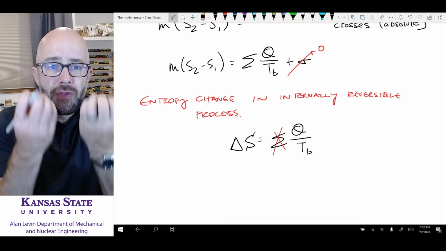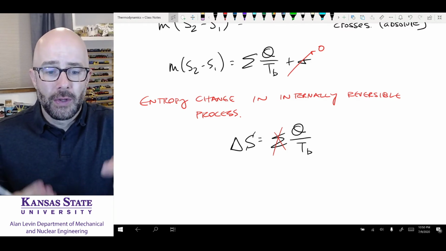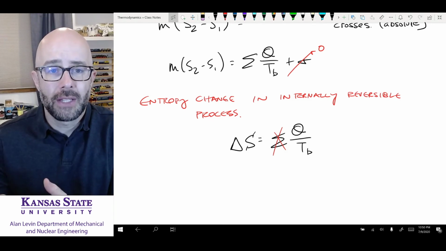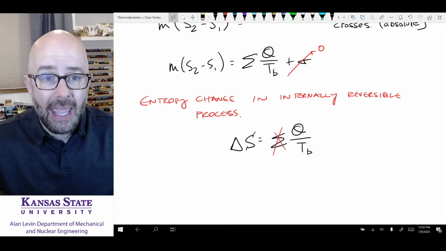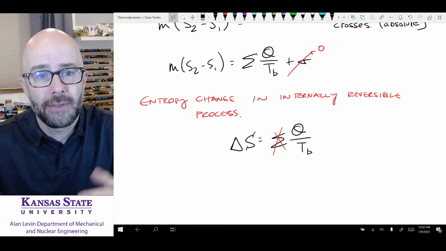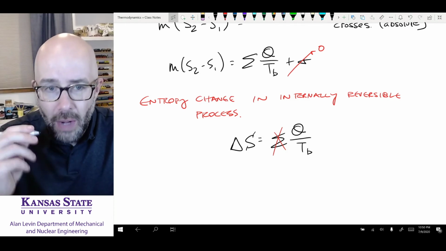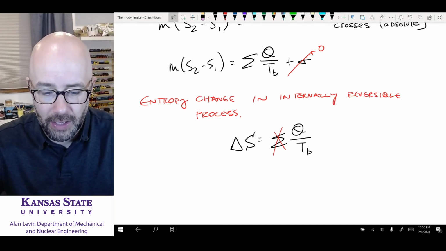If we remove heat transfer from a system, delta S is going to go down. So the direction of the heat transfer determines whether you're going to have an increase or decrease in the entropy of the states. Entropy transfer accommodates heat transfer. The direction of the entropy transfer is the same as the direction of the heat transfer.